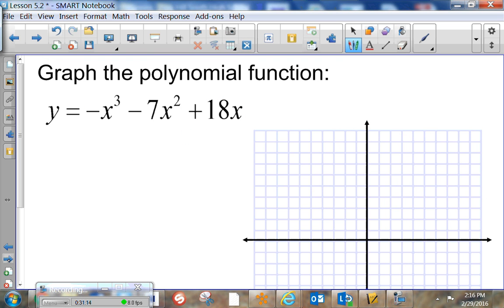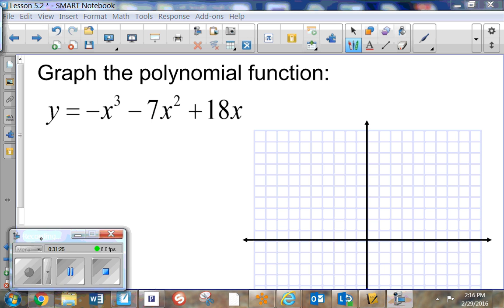Gross. It's a lot. It is. What if they give it to you in standard form? Don't freak out. Well, if we think about factoring, you can pull it in there.